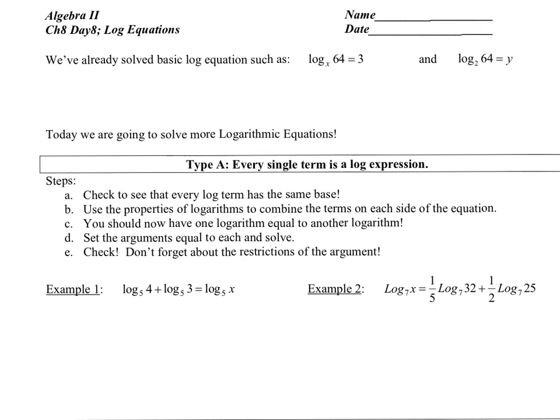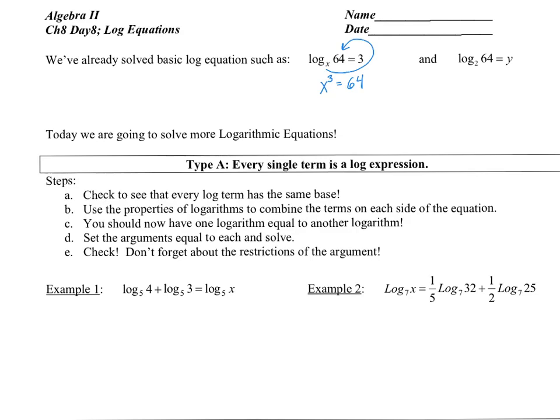The best way to approach these types of problems is to put it into exponential form. Right now it's in logarithmic form. To change it into exponential form, we're going to rewrite it as x cubed is equal to 64.